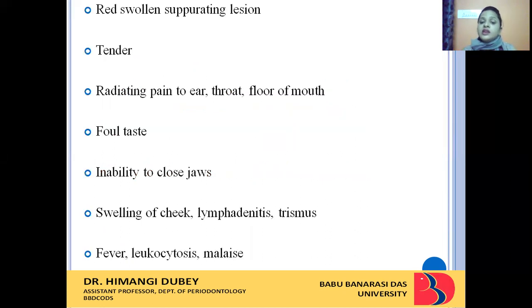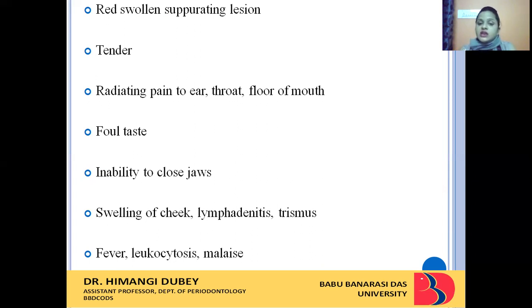The resultant clinical picture is a red, swollen, suppurating lesion that is extremely tender, with radiating pain to the ear, throat, and floor of the mouth. The patient is extremely uncomfortable because of the foul taste and inability to close the jaw, in addition to the pain.